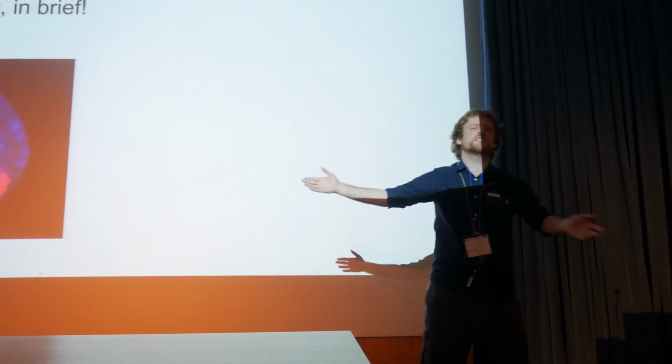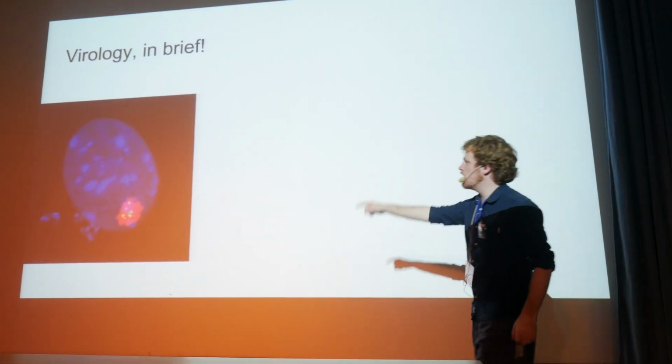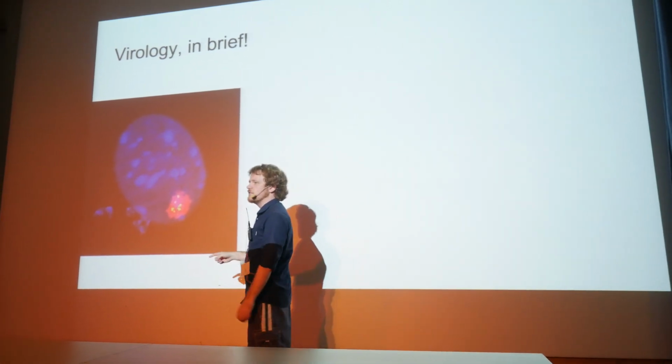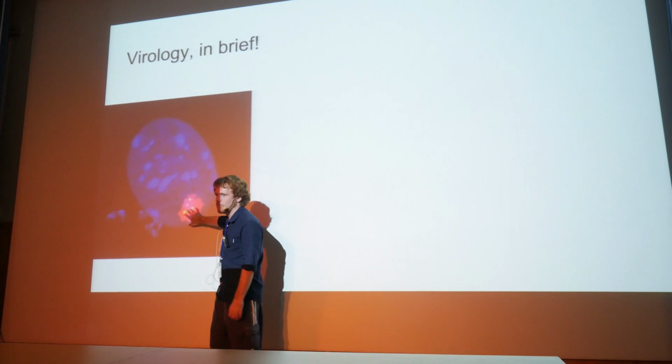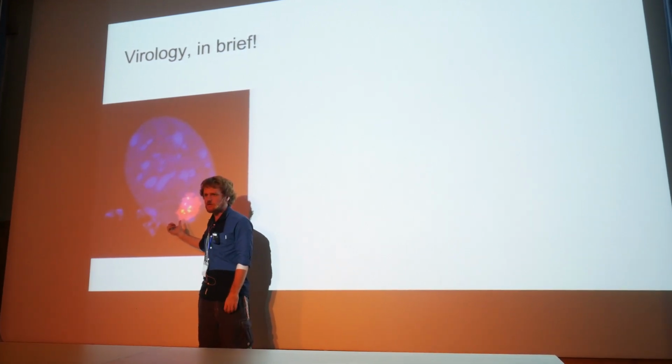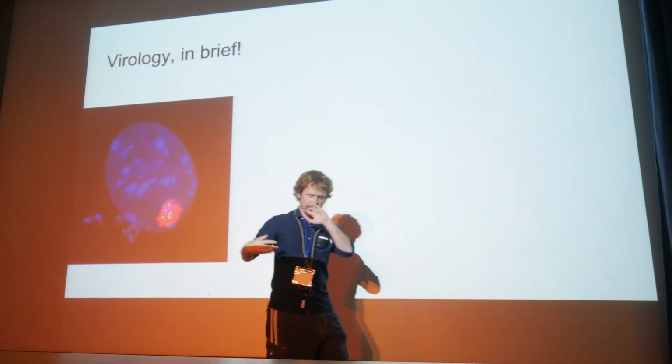So, what are living things made of? Cells. This is a cell. This is a cell that's infected with a virus. This is not the virus, but this is a cloud of proteins that the virus has caused the cell to produce.